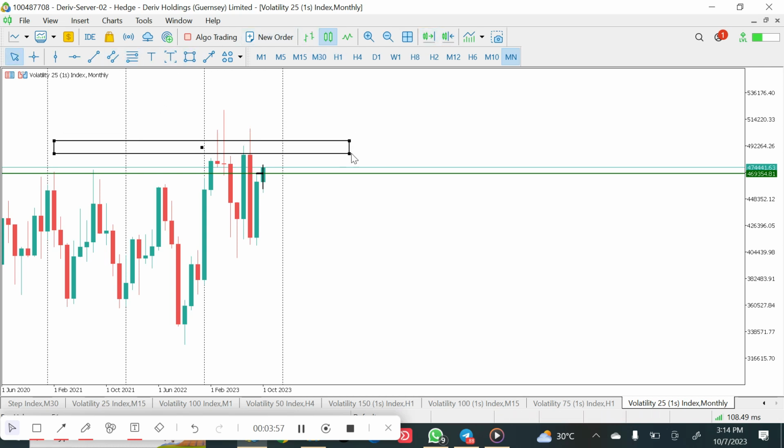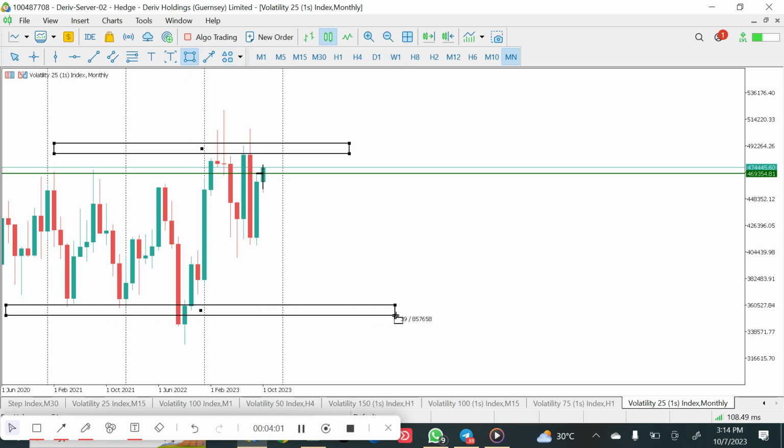We have price giving us this resistance right here, and then we have this support right here. Here there was an attempt to break, but it was a fake out, market broken and then bought. So currently this market seems to be ranging, but when we look at the current candle for the month of October 2023, it is bullish.